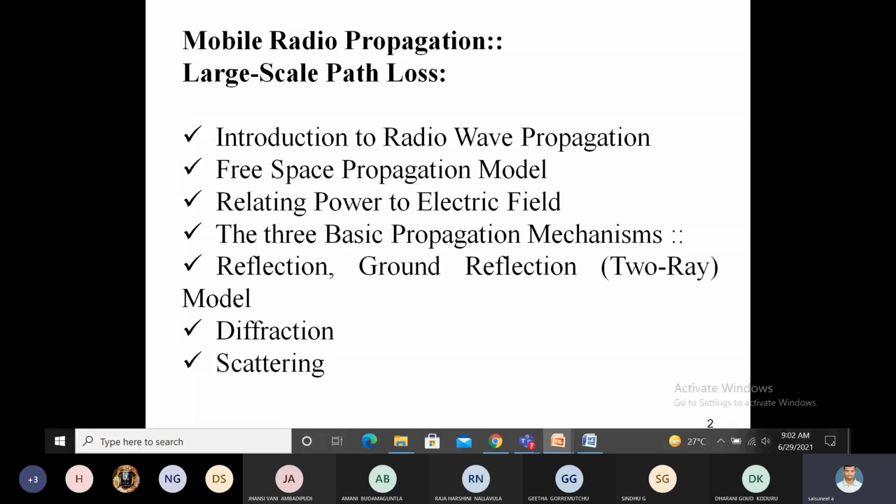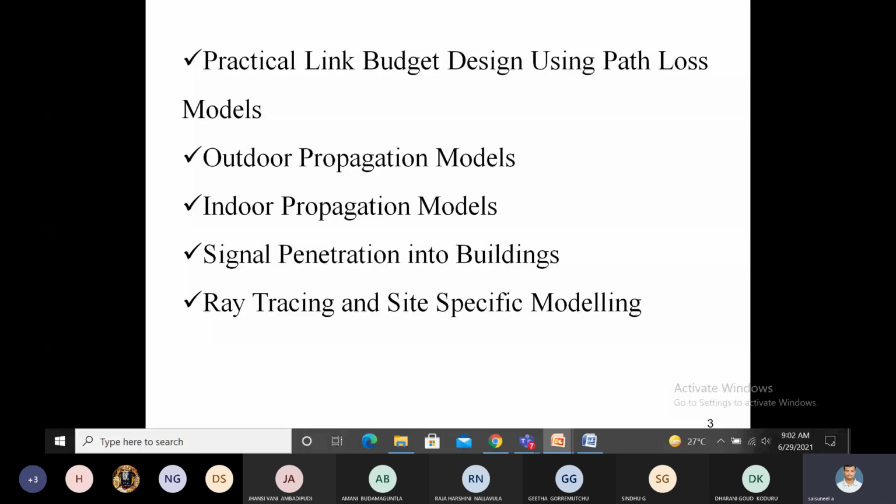And we have to calculate a ground reflection model or two-ray model, and practical link budget design using path loss models, outdoor propagation model, indoor propagation model, signal penetration into buildings, especially under urban areas, and ray tracing and site specific modeling. These are some of the topics which we discuss in Unit 2 under mobile radio propagation, large scale path loss.